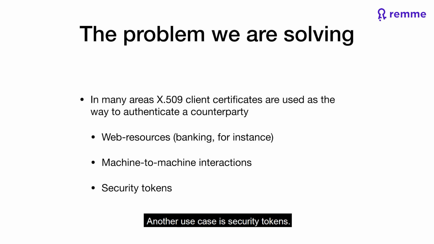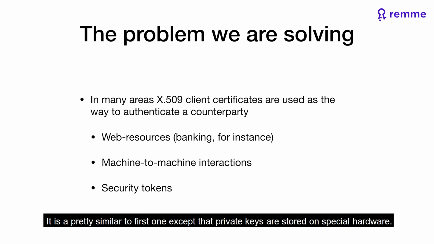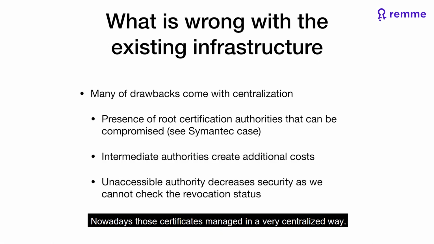Another use case is security tokens. Actually, it's pretty similar to the first one, except that private keys are stored on special hardware. Nowadays, those certificates are managed in a very centralized way.